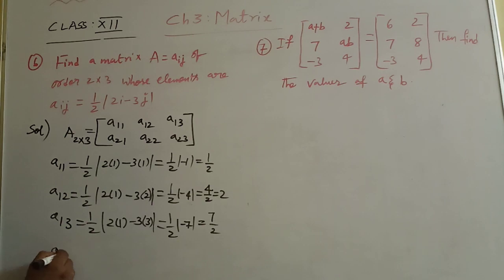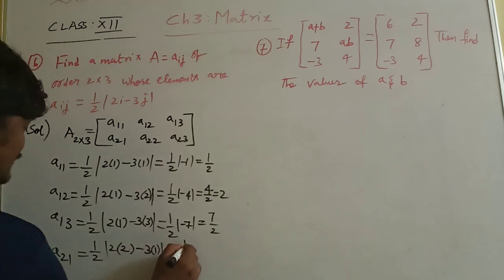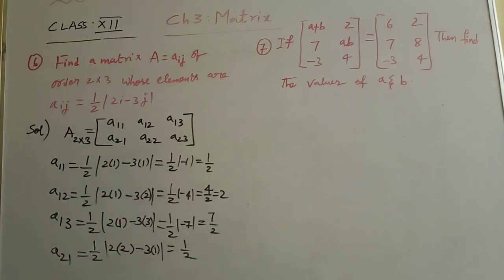Now next one, a21. Half modulus of 2 into 2 minus 3 into 1. So 2 2s are 4, 4 minus 3 is 1, and plus 1 means only 1 will be written. So that is nothing but 1 upon 2. So you got a21 equal to half. Now we need to go for a22.